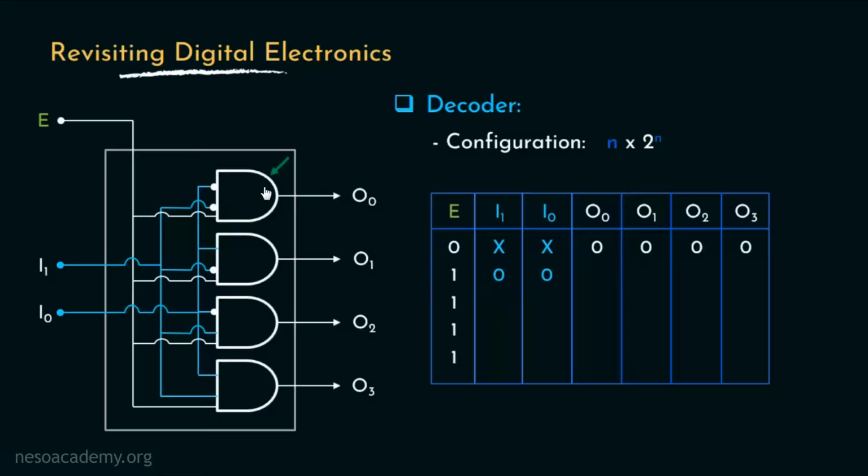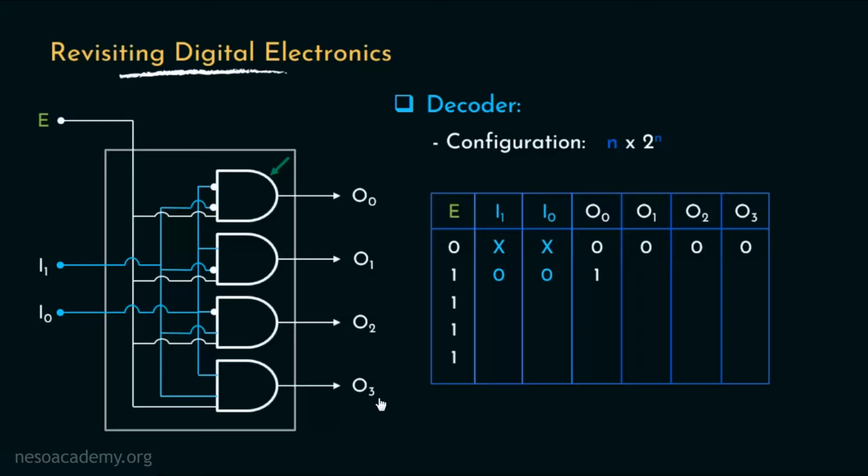Hence, this particular AND gate will be selected and only the output O0 will produce 1, because for this I0 will be fed as 0 and for this AND gate I1 will be fed as 0. Finally, for this AND gate, both I1 and I0 will be fed as 0 only.